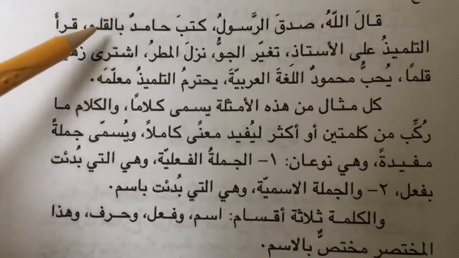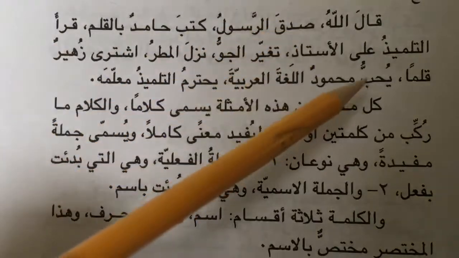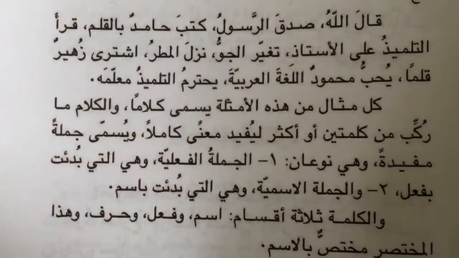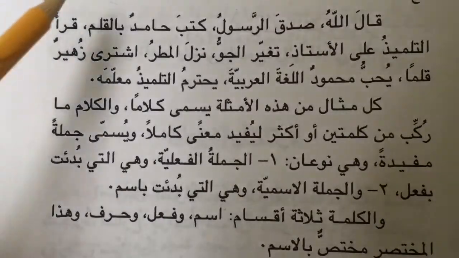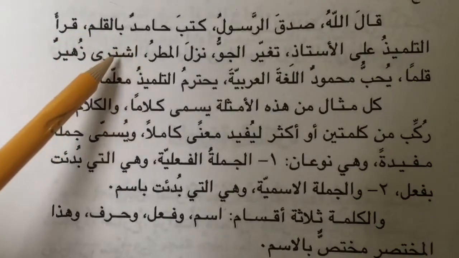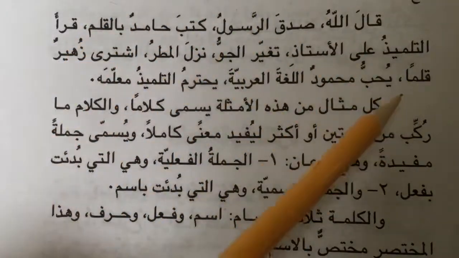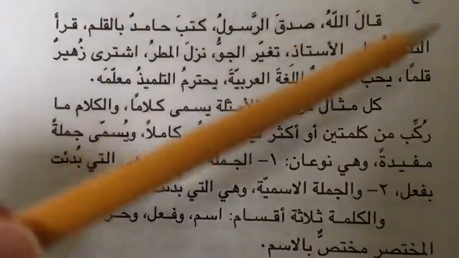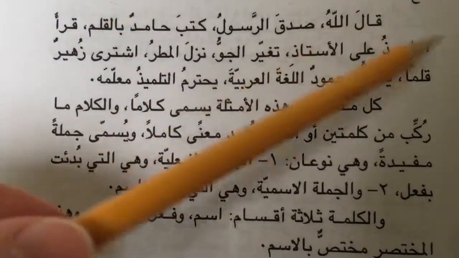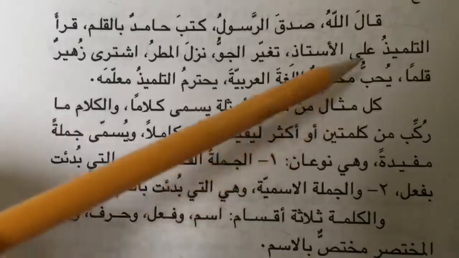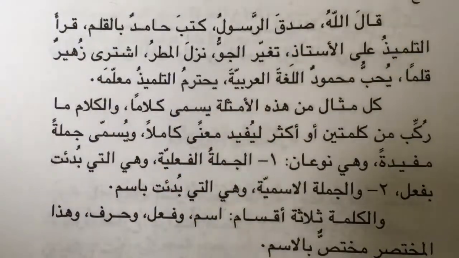So you'll hear me many times not say the haraka at the end of the last letter of the last sentence, because that's the way it is in Arabic. So ishtara Zuhairun qalaman. Zuhair bought a pen. And why exactly it's qalaman and not qalamun or qalamin is because it's what's called the maf'ul bi, the object of the verb, but don't worry, we will learn about that in detail in future lessons.